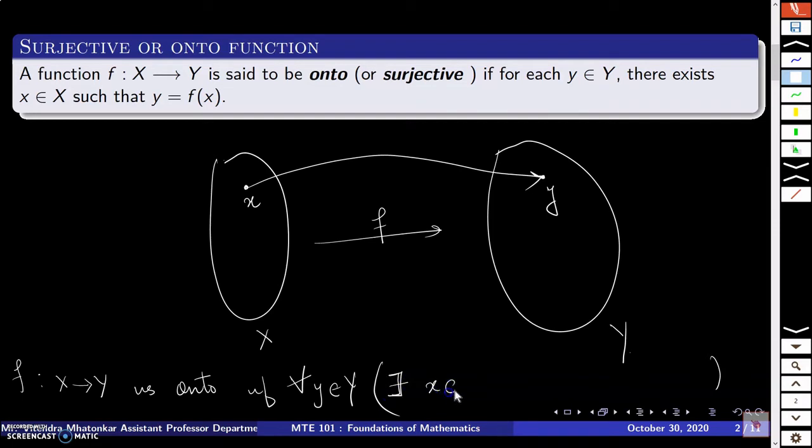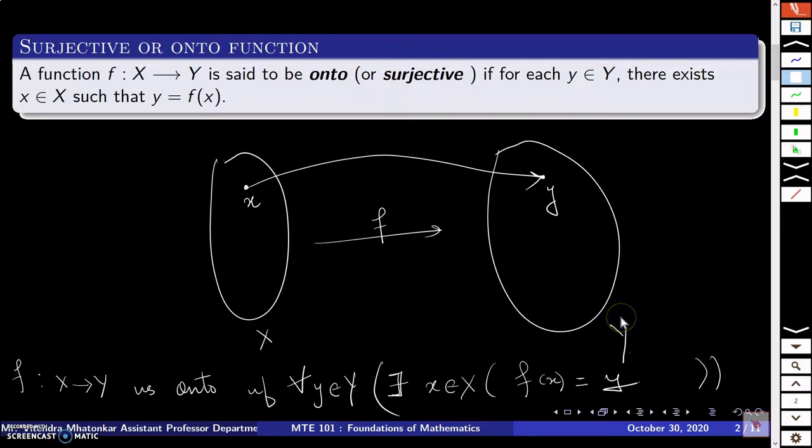There exists a point x in X such that f of x is equal to y. Okay. So this is how the definition of an onto function looks like using quantifiers.